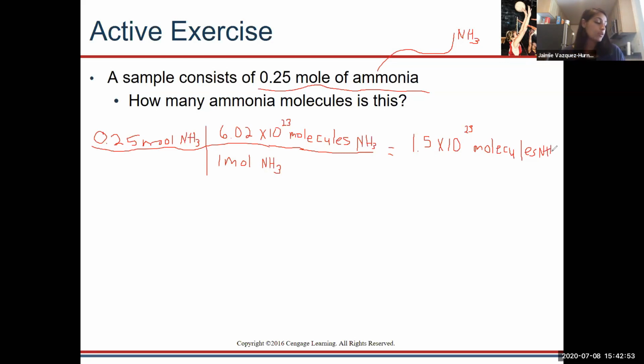I did have a question, Dr. Henry. We have our given and it says 0.25 mole and then it's ammonia. So we just go by the 0.25. We don't really do anything with the ammonia, like the polyatomic ion, right?